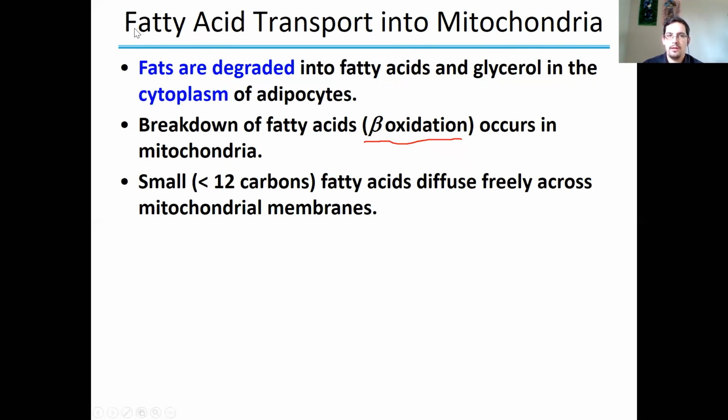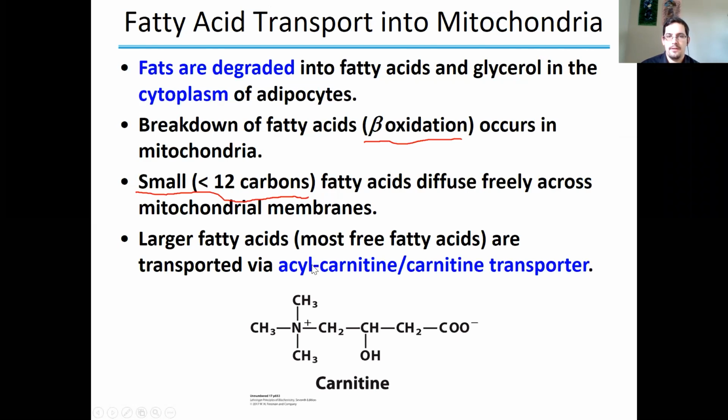For very small fatty acids, they can just move right through the membrane. So the membrane, of course, has a nonpolar core. And so if you have something that's small and relatively hydrophobic, it can move through the membrane fairly easily. So small fatty acids can just move right through. But for any of our larger fatty acids, we have to use this acyl-carnitine transporter.